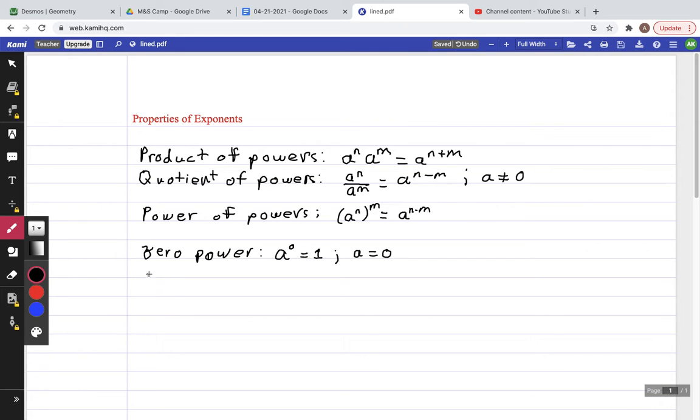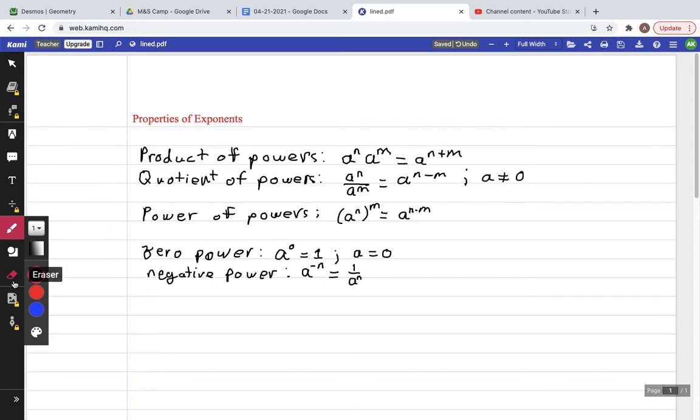We have a negative power property, and this states if I take a number and I raise it to a negative exponent, what I end up having is the reciprocal of that number to the nth power.